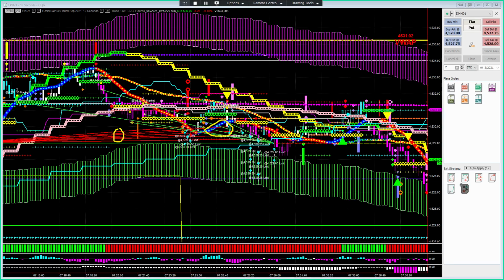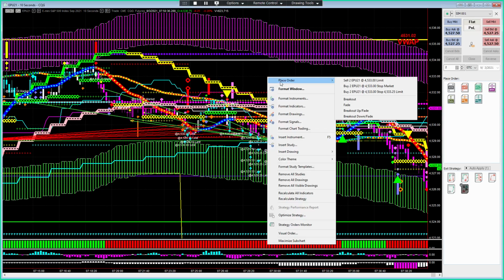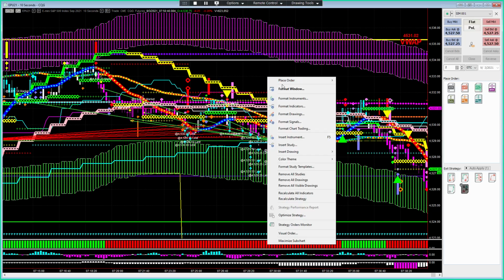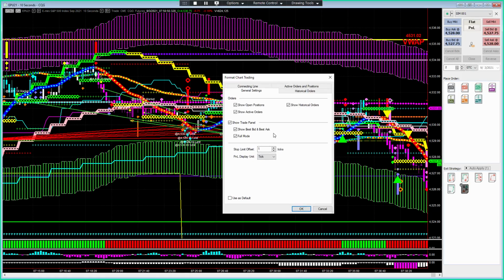Okay, those are just the lines drawing your position, open and close, first in, first out. So that's a function of chart trading. If you want those, and certainly for the video, I even have them on my chart as well, you would right click on your chart and select chart trading, and this box is going to come up.